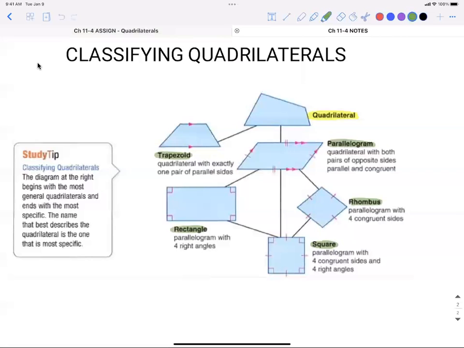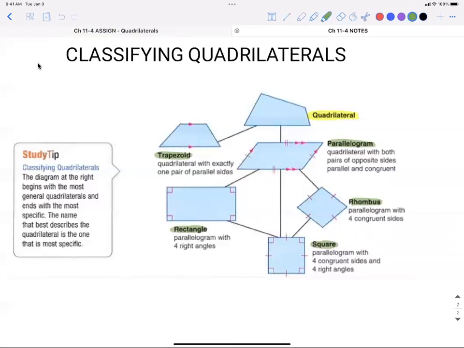And notice under this tip box over here on the left, it says when you're classifying quadrilaterals, the diagram at the right begins with the most general quadrilateral and ends with the most specific. When you classify your quadrilateral, you're going to use the most specific when possible. So you'll notice in your homework it says the best classification.